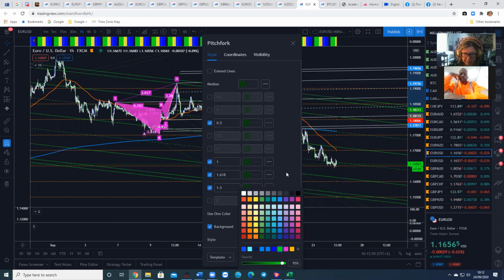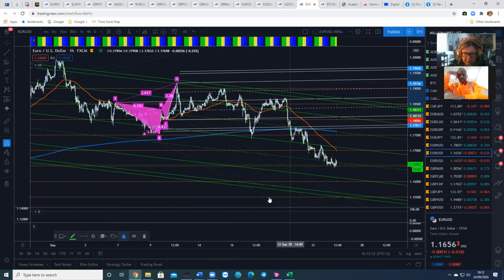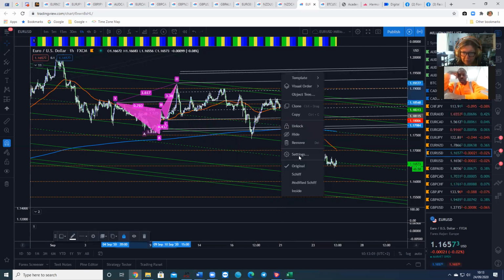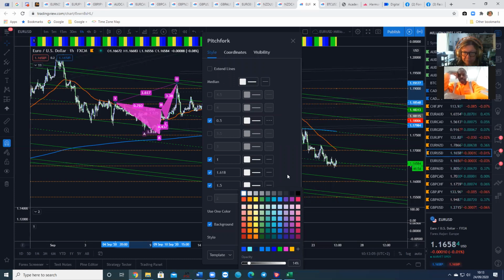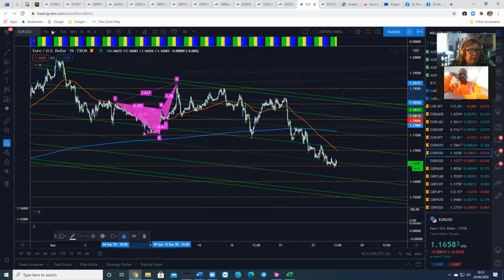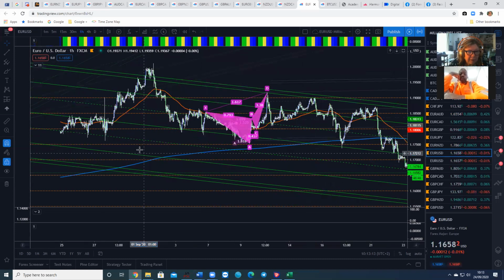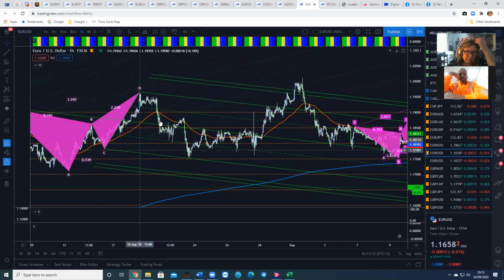Let me just hide some of that, so we're not getting too much to look at. And this scan is from the 18th of August. So it didn't actually complete the scan.